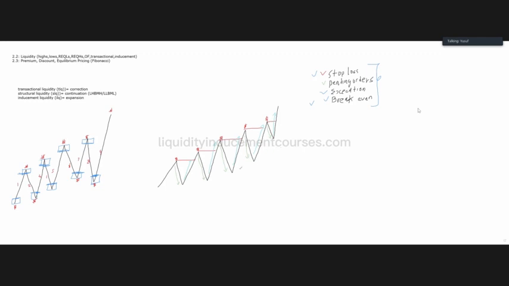Now, you ask yourself, wait, what does it mean by structural liquidity though? Everybody, please pay close attention to what I'm drawing. You see, when you look at the market, remember, every push in the market has its own market structure, right?